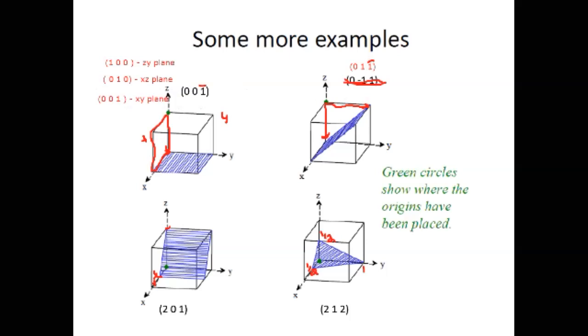So this is a neat way to help you remember at least the main reflection planes, what they look like. So here, the plane shown in the first example is on the XY plane. If, for example, this is the origin, then if we move it up 1, it becomes a 0, 0, 1 HKL plane.